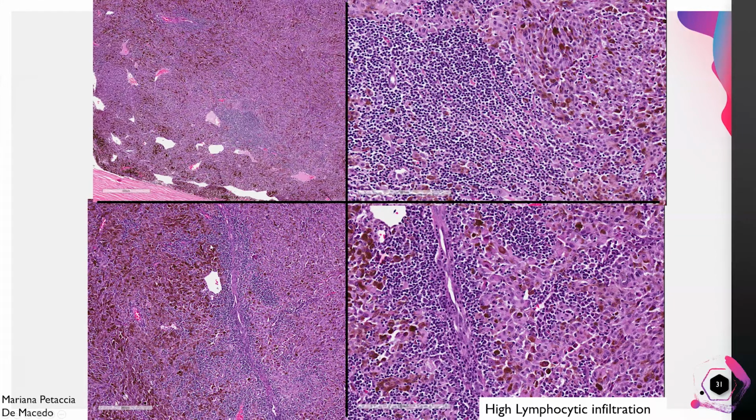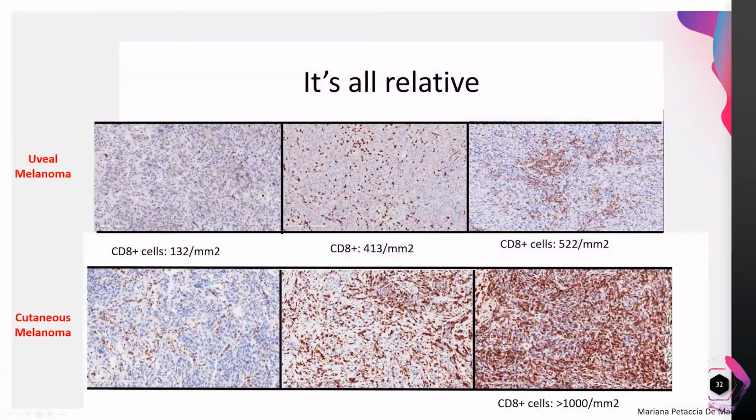And then in this one, you see it kind of meandering throughout. So this is a tumor with high lymphocytic infiltration. But absent, low, medium, or high, that's all pretty relative. And when you look at uveal melanoma compared to skin melanoma, a low or poorly infiltrated sample, even in skin melanoma, is still going to have some infiltration of T cells.